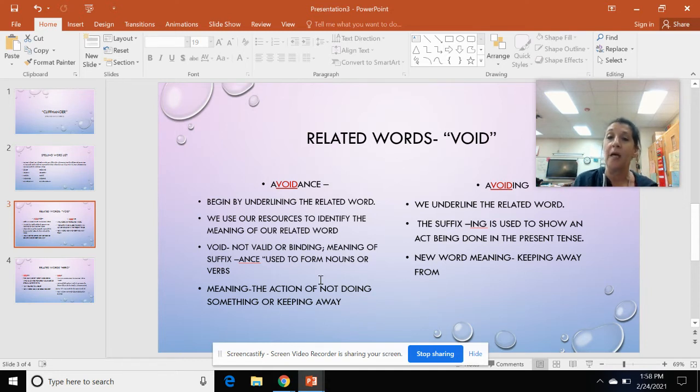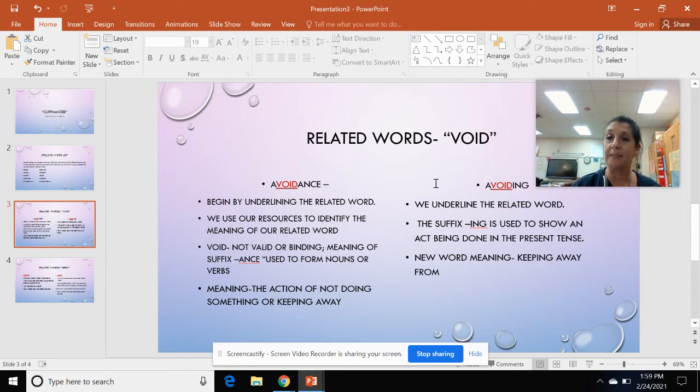So it is placed at the end as a suffix to change the word form or the word meaning. So when we take the word avoid and then we take the suffix ance and we put it together to get avoidance, and that sounds kind of awkward when you're splitting them apart, but the new meaning becomes the action of not doing something or keeping away.